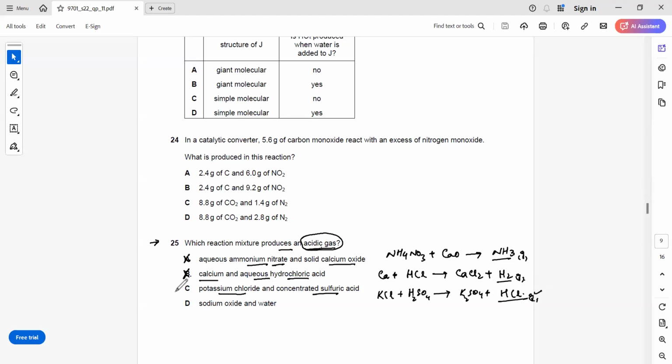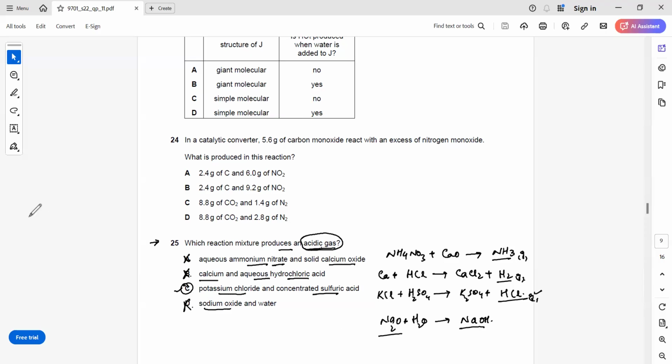So it could be this. Let's see this one. Sodium oxide, when treated with water, it gives us an alkali, because we know metal oxides, they are alkaline in nature, group 1 metal. So no gas will produce here, right? So option C is correct.